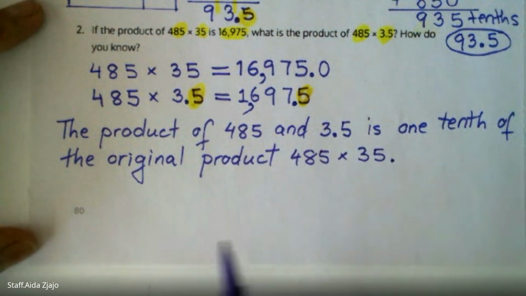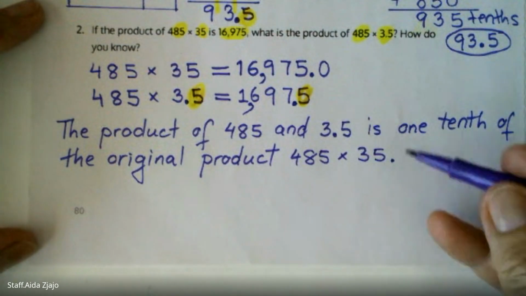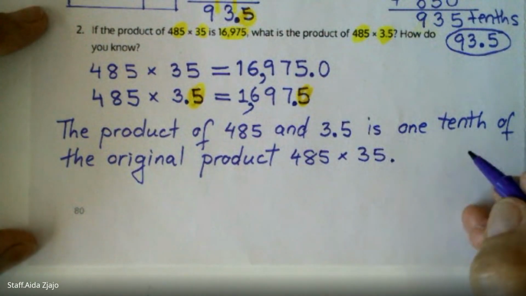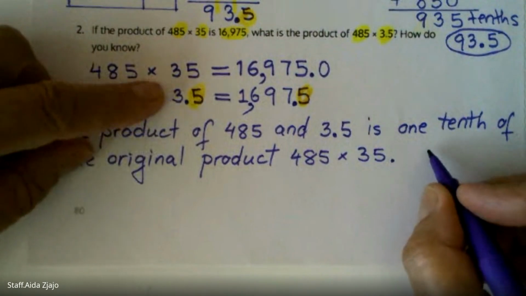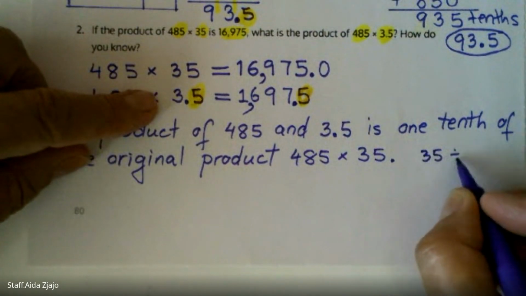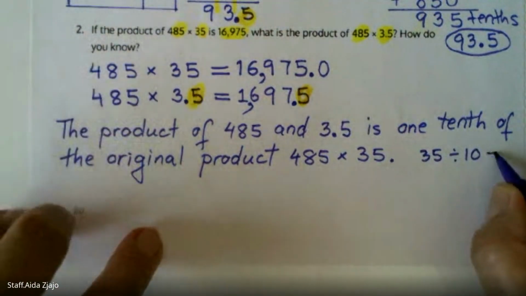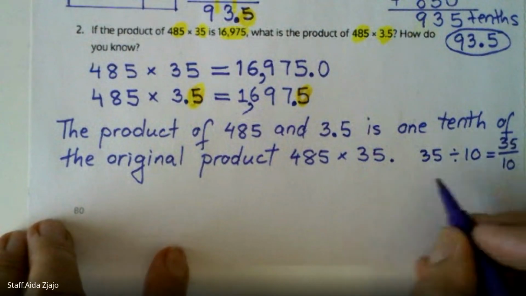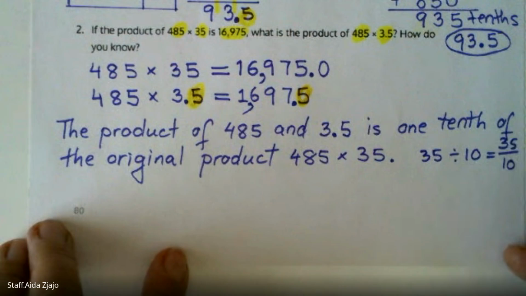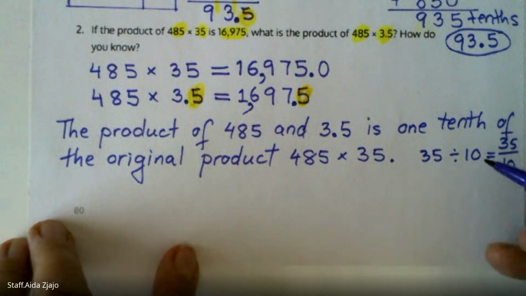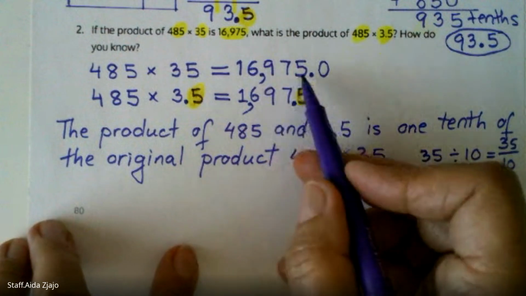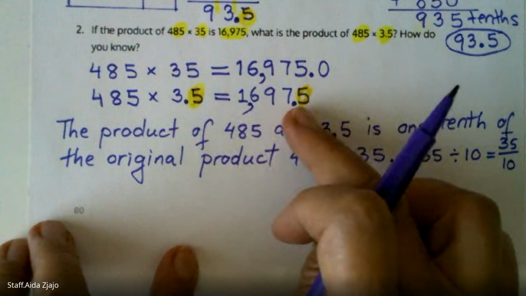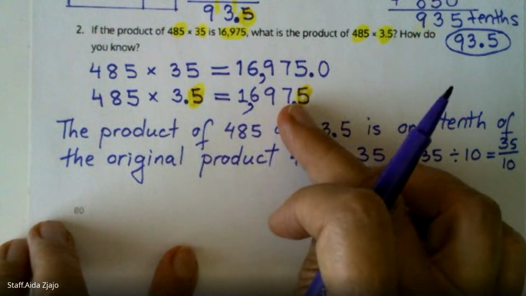So what this really means is that you did 35 divided by 10, so you got 3.5, and also the whole number is divided by 10 to get the final product as well.